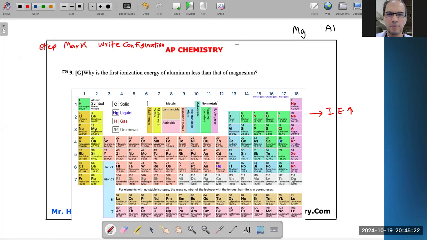So magnesium is 1s2, 2s2, 2p6, 3s2. And aluminum is 1s2, 2s2, 2p6, 3s2, 3p1. Which is more energetic, the 3p1 or the 3s2? The 3p1. The 3p is more energetic. So I will tell him this is the more energetic electron. Why is it more energetic?